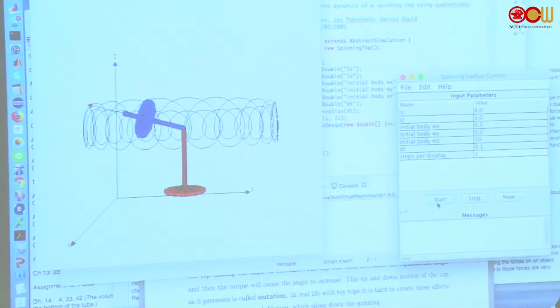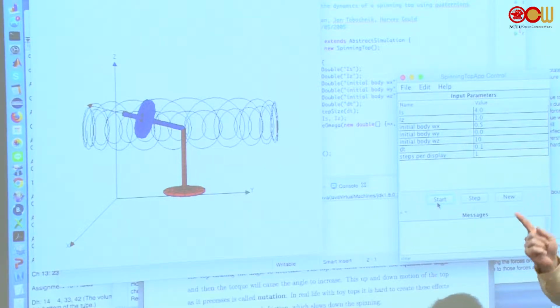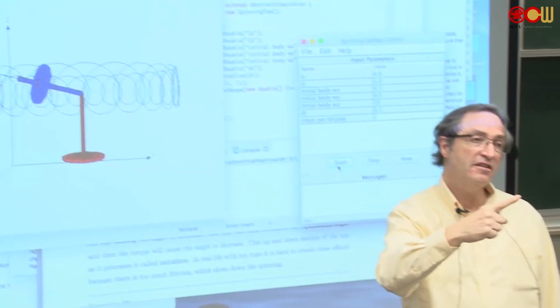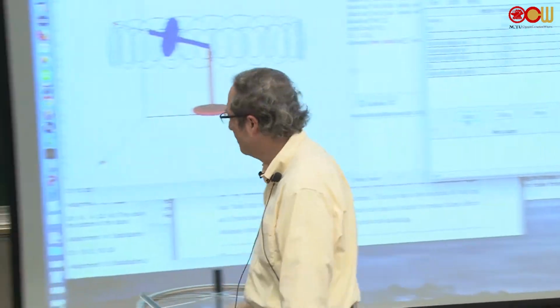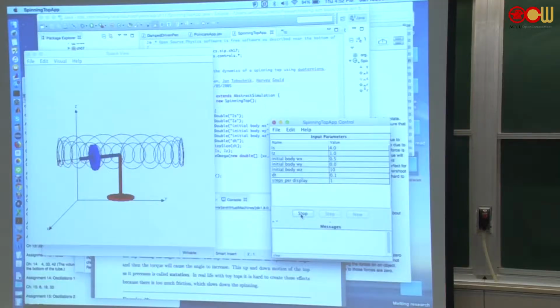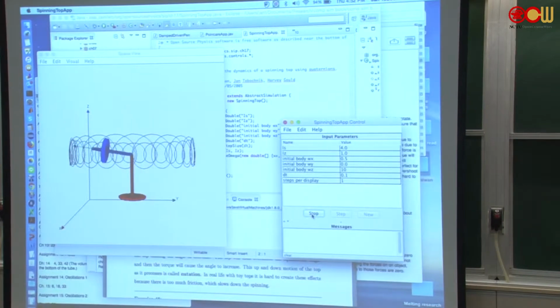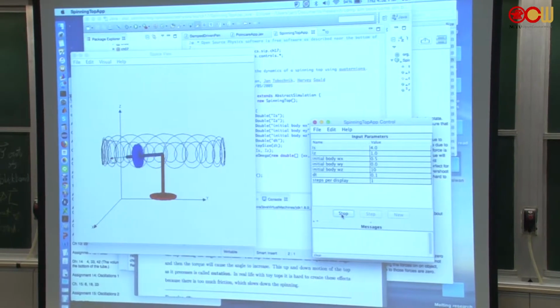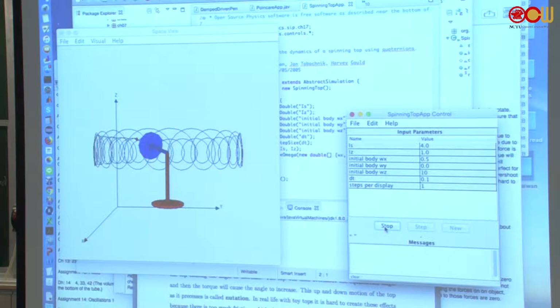But the basic idea is that it spins, it precesses, and then it goes up and down. All right? So we can see, watch that. Going around and around as it goes around. So that's the idea of precession and nutation.